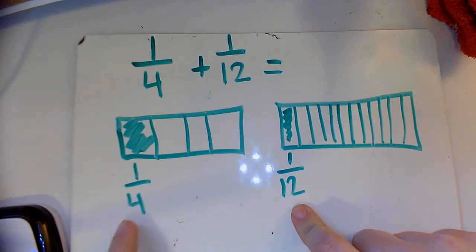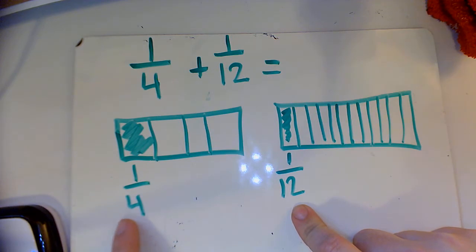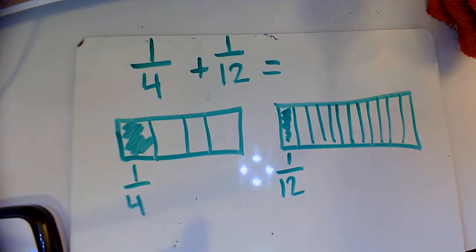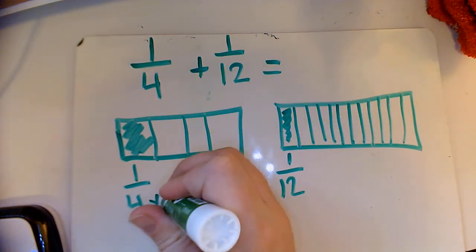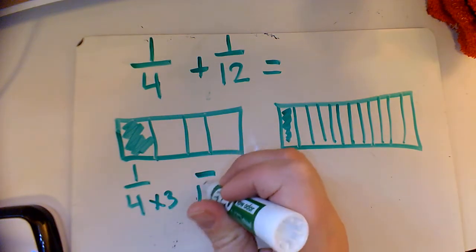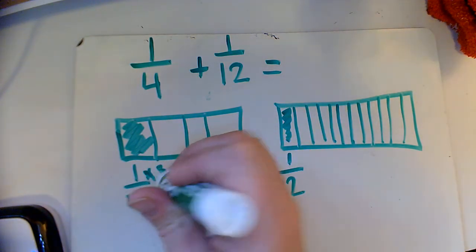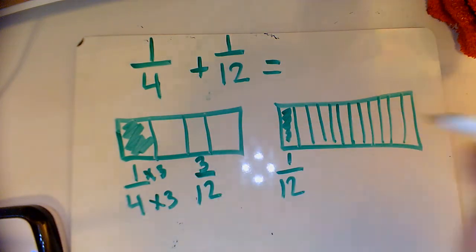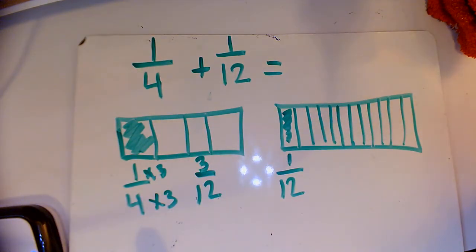And the answer is yes, because 4, we can take our 4 times 3, which is 12, and our 1 times 3, which is 3. So 1/4 is equivalent to 3/12.